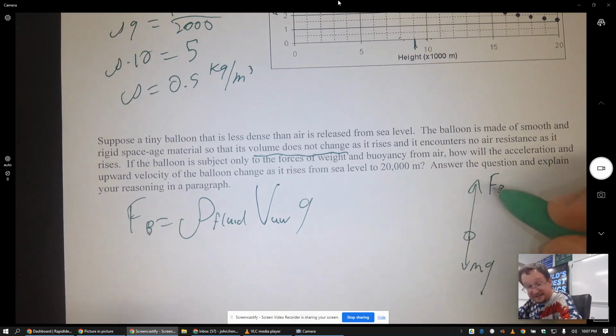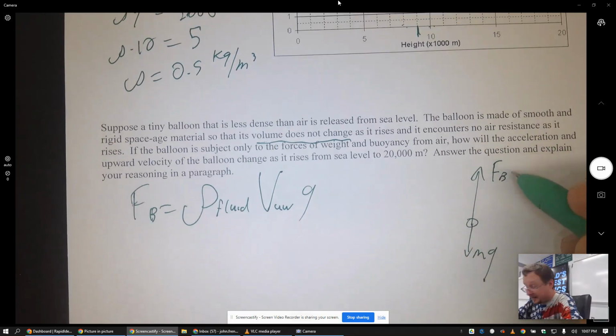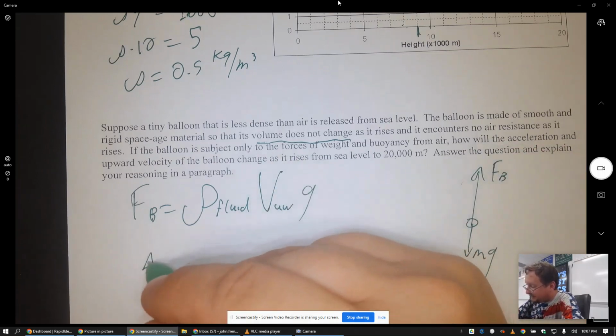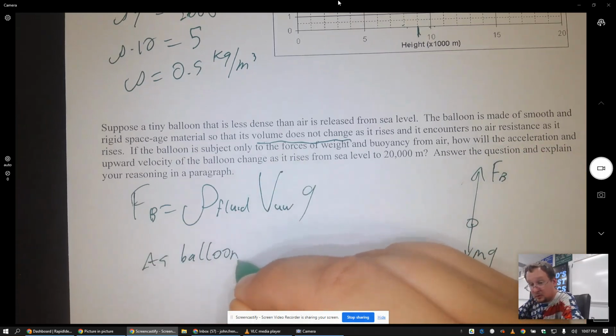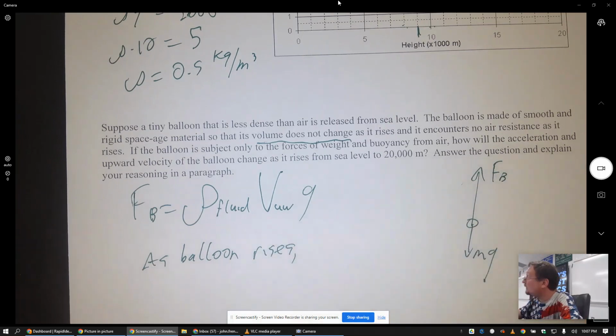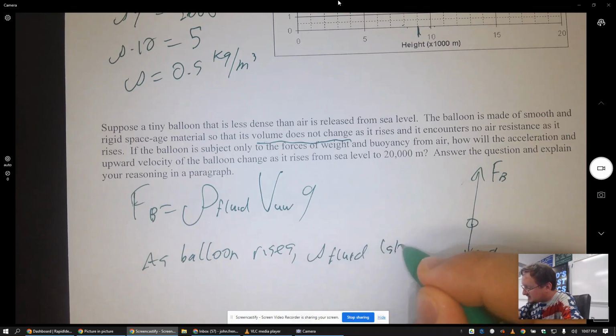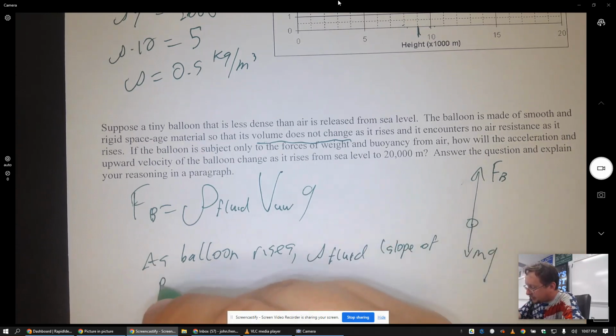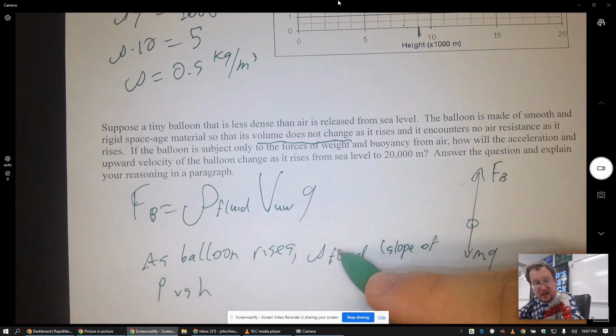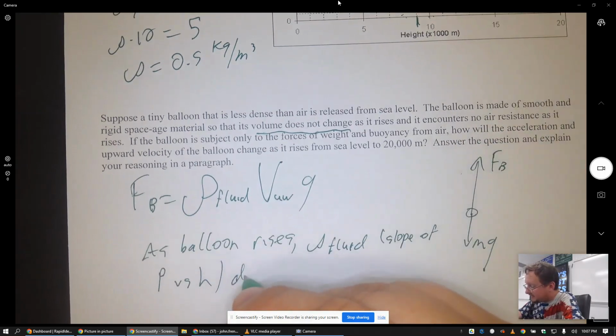And if it's less dense than the surrounding air, then the force of buoyancy is bigger. But as the balloon rises, the density of the fluid, which is the slope of the pressure versus height, it's actually rho times g, but let's just say, decreases.